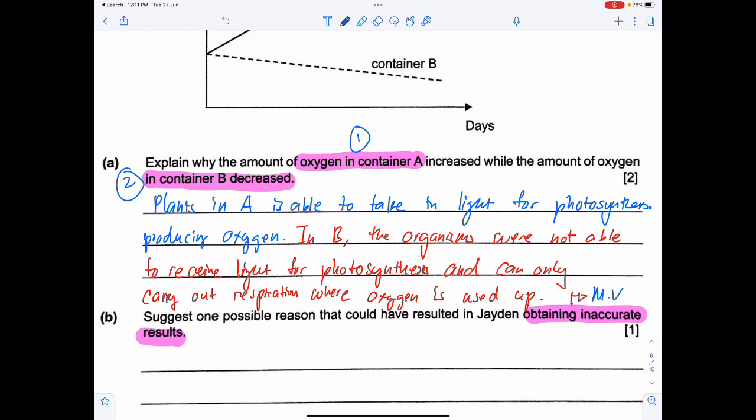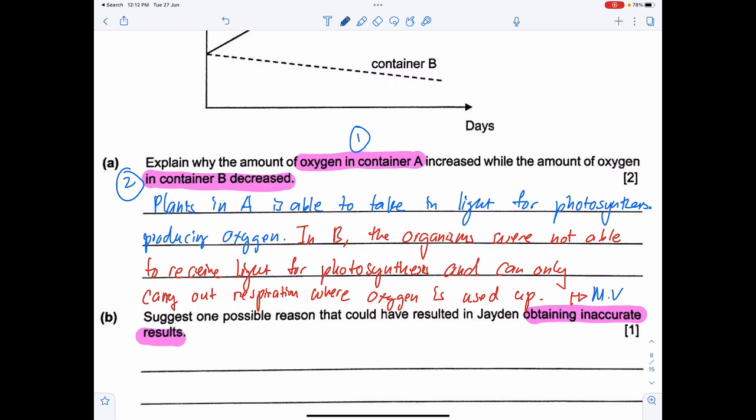If you remember in another past year paper, we talked about the mosquito and the white shirt. The reason why you were able to obtain more accurate results when you used the white shirt was because the mosquito could be seen clearly against the white shirt, the black mosquito. That was a method to obtain your measured variable, which was the number of mosquitoes.